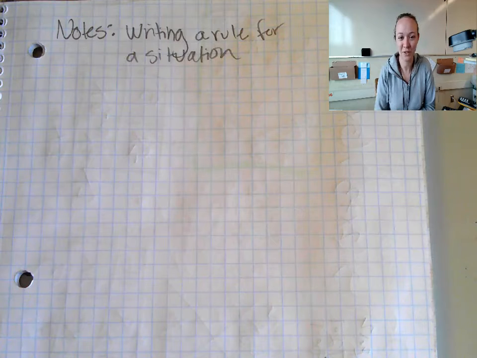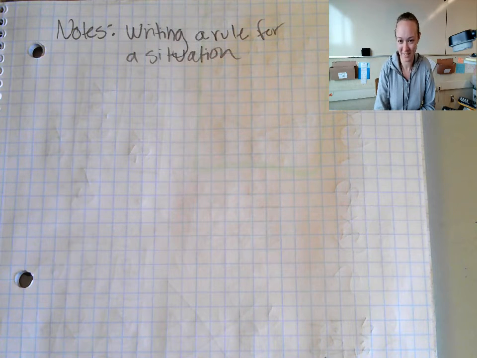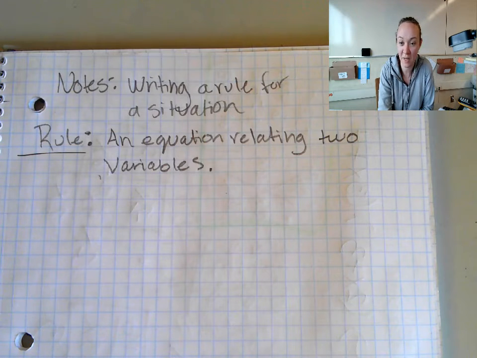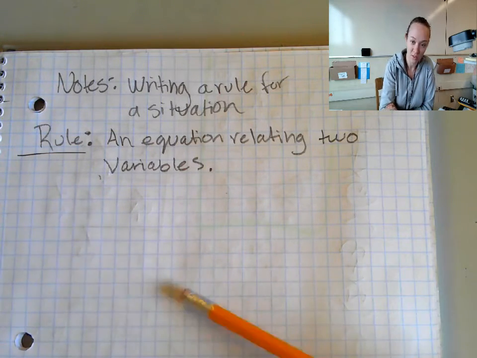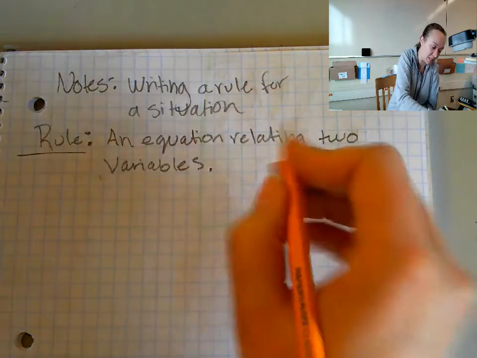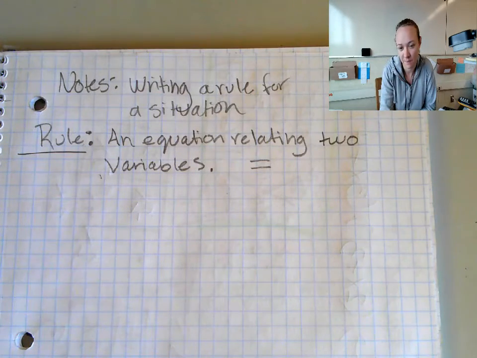In this video, we're going to learn how to write a rule given a situation. So let's start by defining what a rule is. In math, a rule is an equation, so that means it has an equal sign in it that relates two variables.